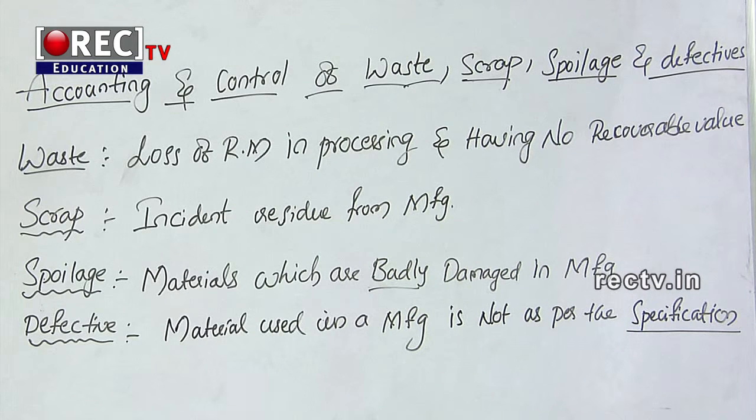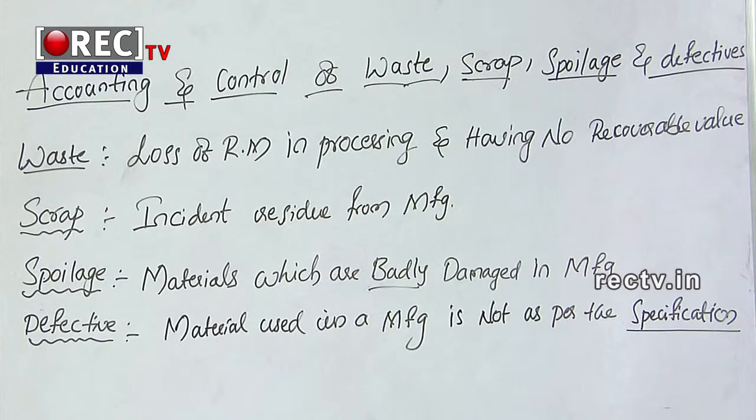Scrap is incidental residue from manufacture having very small value and can be sold without any further processing. Spoilage is materials which are badly damaged in manufacture and are sold without any further processing. Defectives are material used in manufacture that is not as per the specifications.